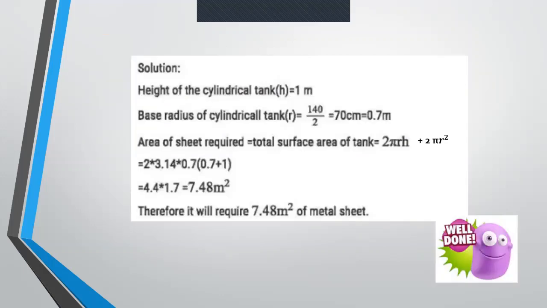So proceeding on, height of the cylinder is 1 meter, base radius is 140 upon 2, that is 70 centimeter. Converting it to meter, 0.7 meters. Area of the sheet required will be the TSA, as I said, 2 pi RH plus 2 pi R square. 7.48. Wonderful, 7.48 meters square.